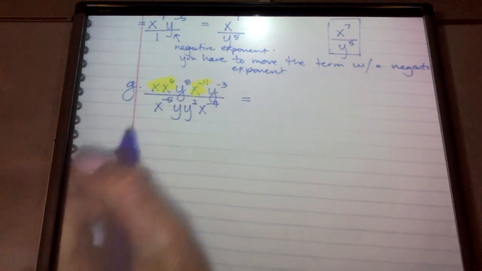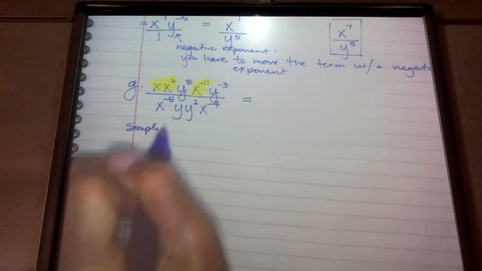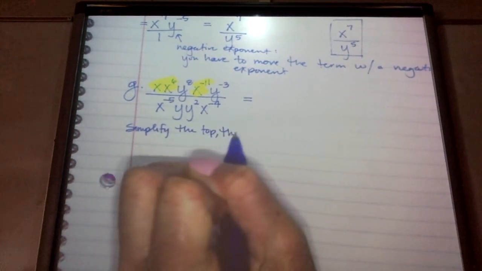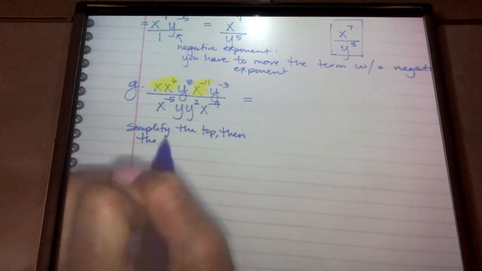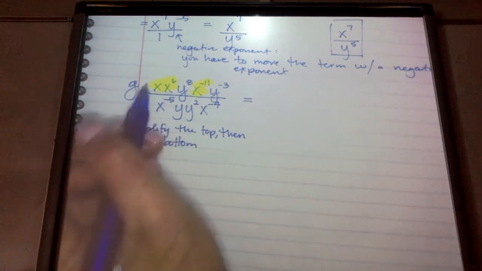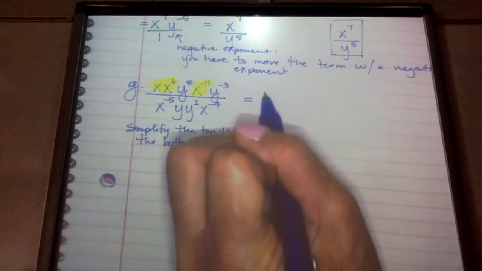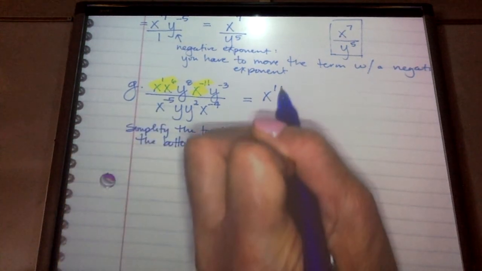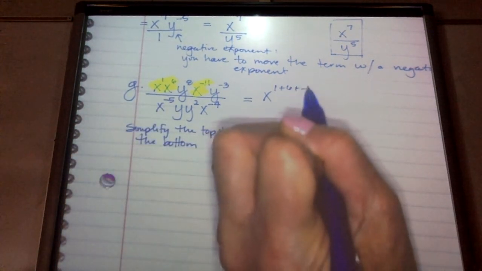So I simplify the top, then the bottom. And again, if you don't like that, then you move your negatives first. So anyways, I'm first going to say that this is x to the first, there's an invisible 1 right here, plus 6 plus negative 11.